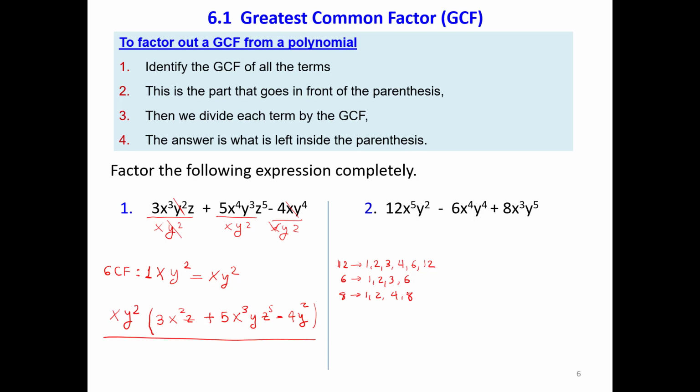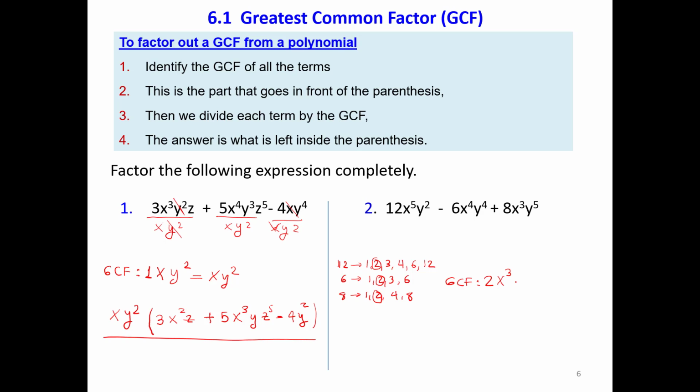Then we can see the greatest number that divides these numbers is 2, because 4 is a factor of 12 and 8, but not of 6. Then the greatest common factor of the numbers is 2. And let's check the variables. x is a common variable, then we can write x here. Now we need to find the lowest exponent. In this case it will be 3.